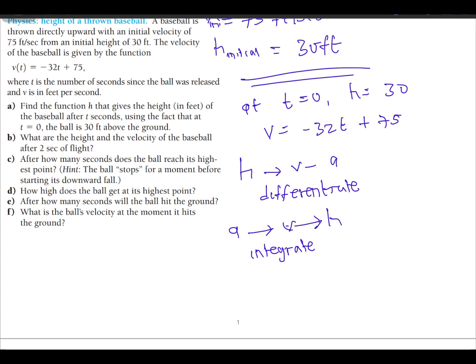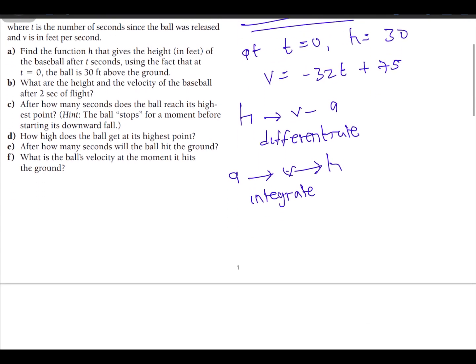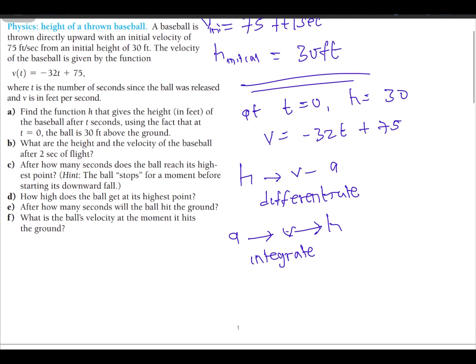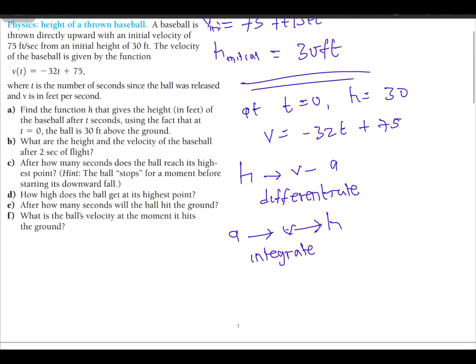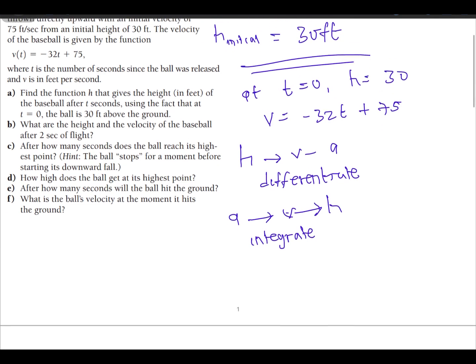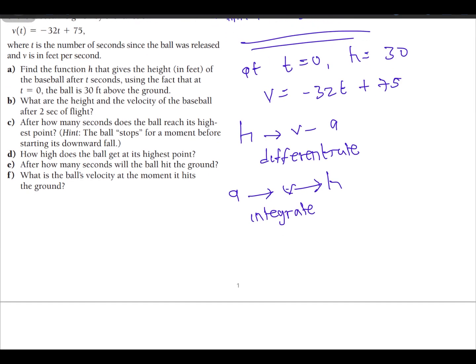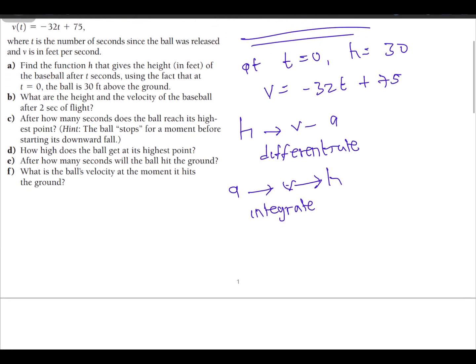And at this stage, the velocity has been given and you are being asked to find the height, right? Find the function h, and therefore what we are going to do is to integrate the velocity. So if we have our velocity v equal to negative 32t plus 75, then we need to do the integration over here.